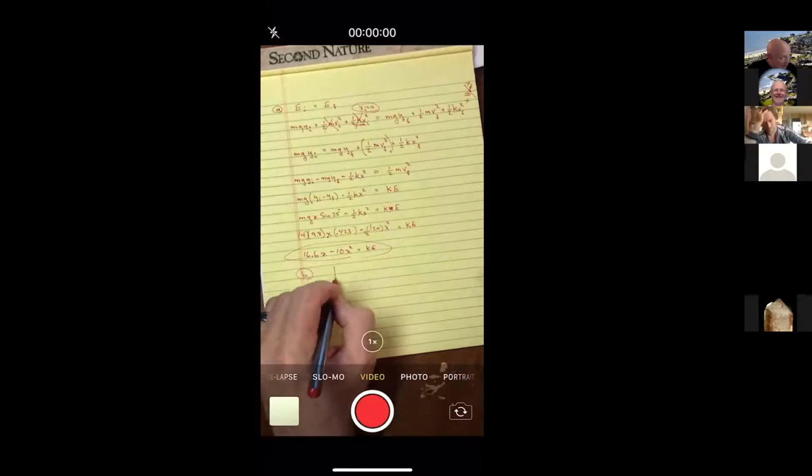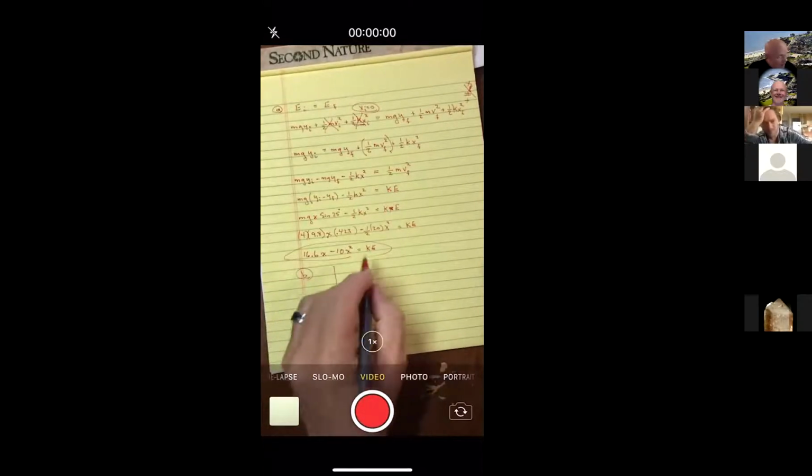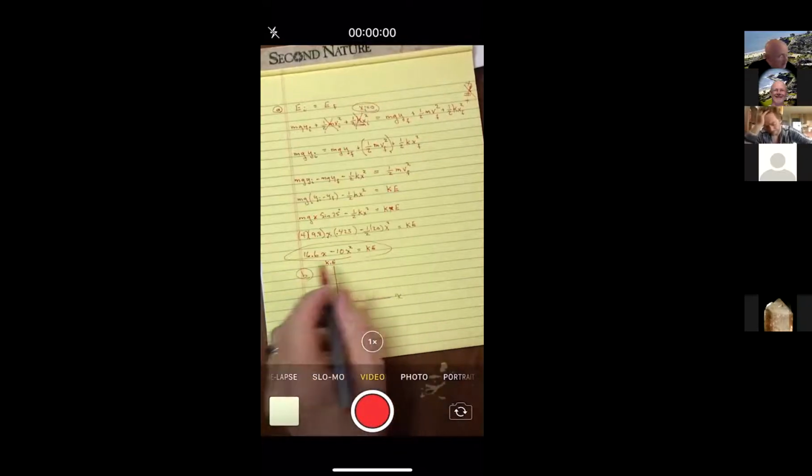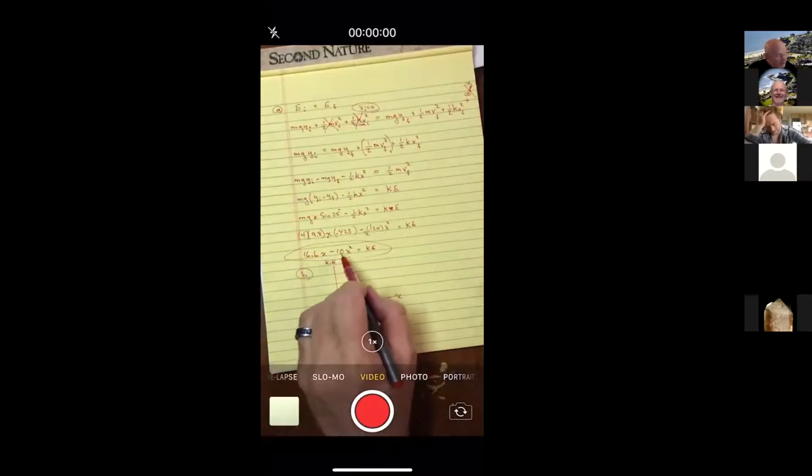In fact, I would maybe just put a graph here. If I'm plotting kinetic energy as a function of x, since it's x squared, it's a parabola. It's negative, so it's an upside down parabola. But because it has a linear term here, it's shifted.